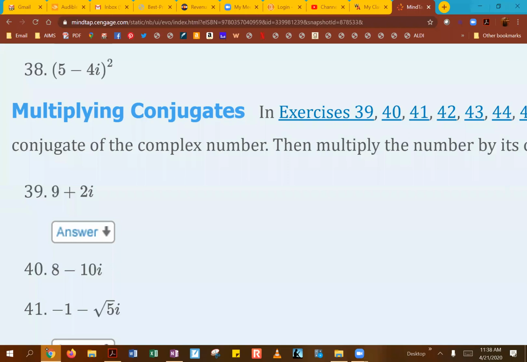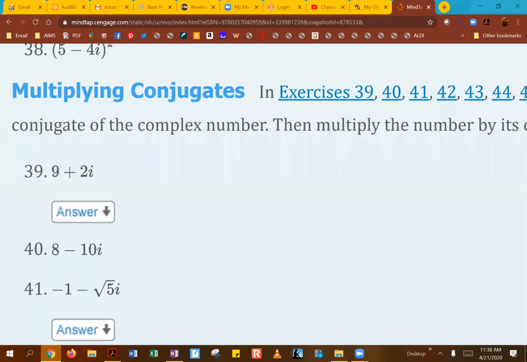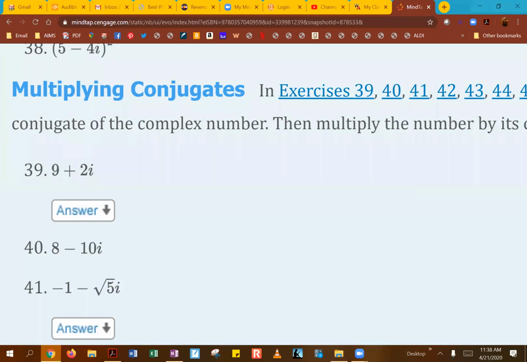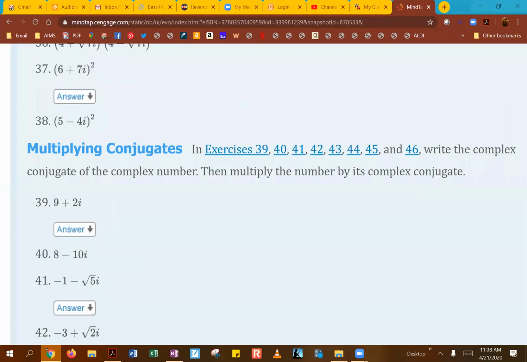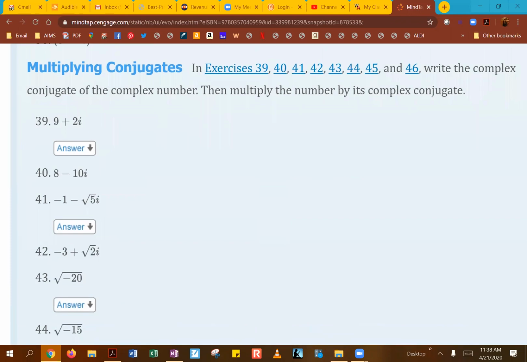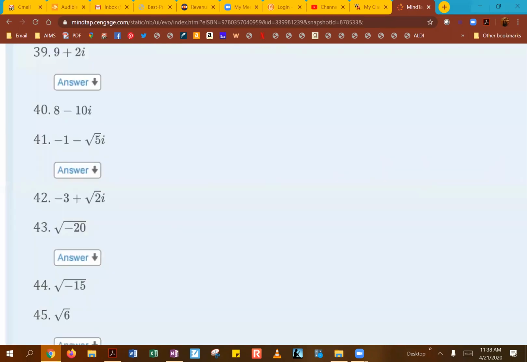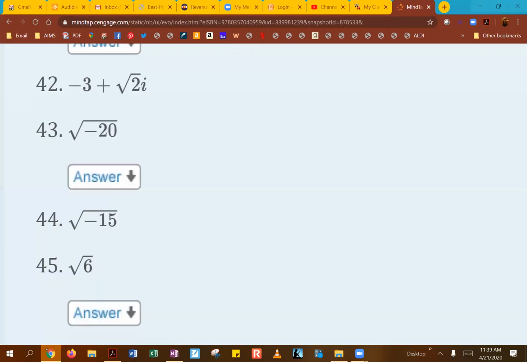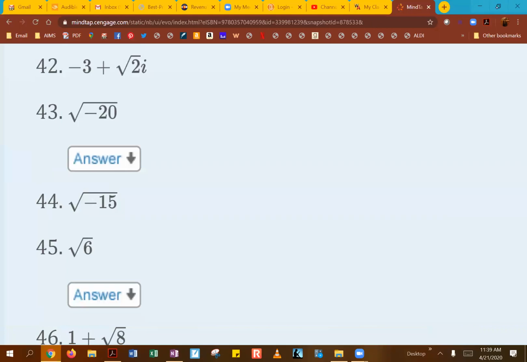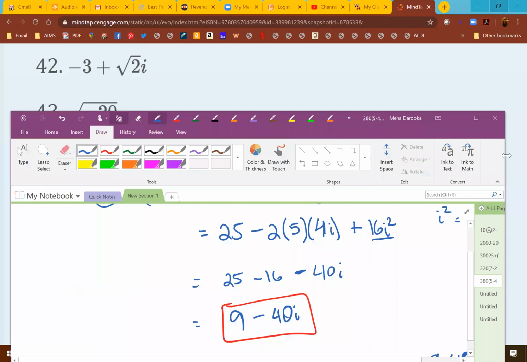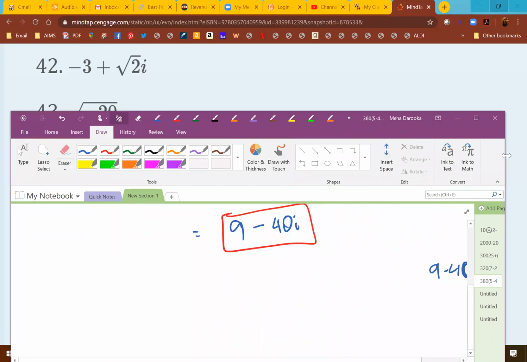So let's look at 42, and this one is actually saying write the complex conjugate for the complex number and then multiply by the conjugate. So we are looking at number 42 over here. Write the complex conjugate.